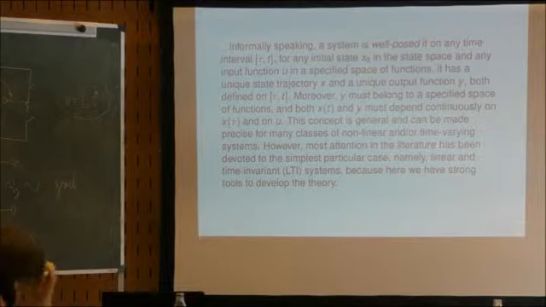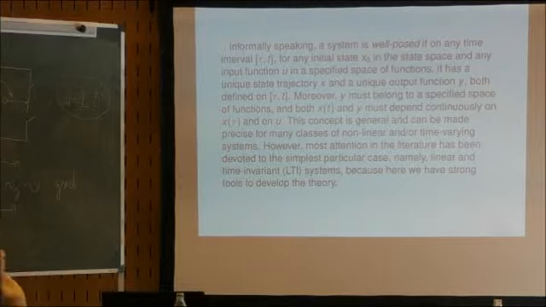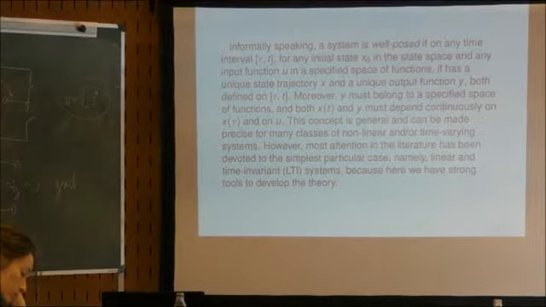So there are two aspects always, the input and the state, and then the output and the state. And there must be a solution, always a unique solution, and there is continuous dependence. So the final state and the output depend continuously on the initial state and the input.